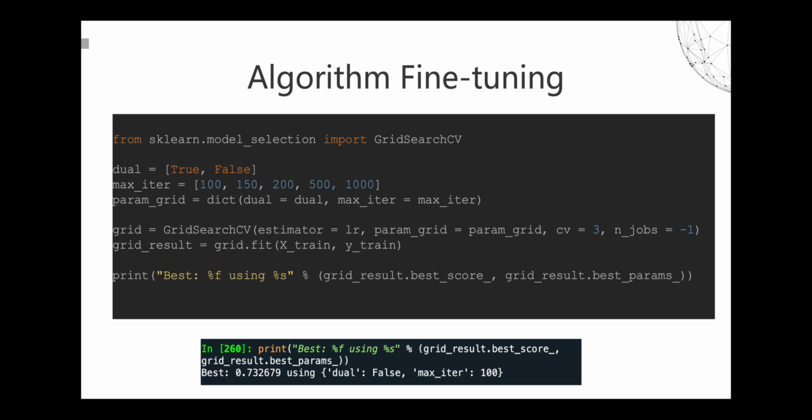The first one is dual, true or false, and the second one is max_iter: 100, 150, 200, 500, and 1000. After training, I found the best parameters are dual equal false and max_iter equal 100, and the accuracy is about 73%.